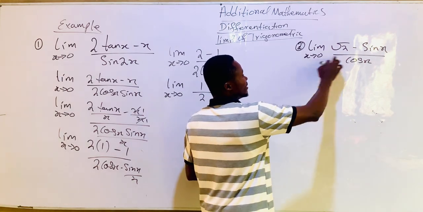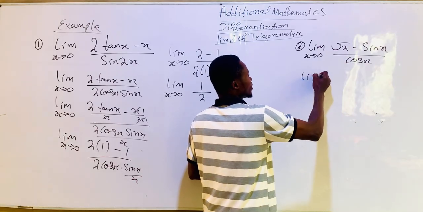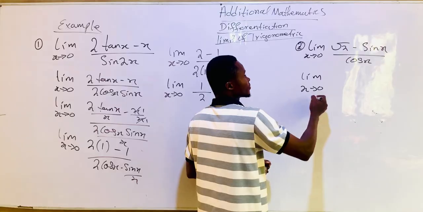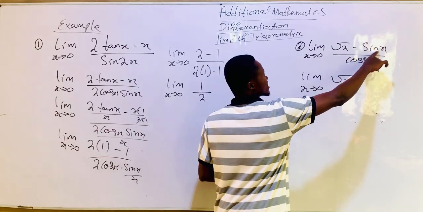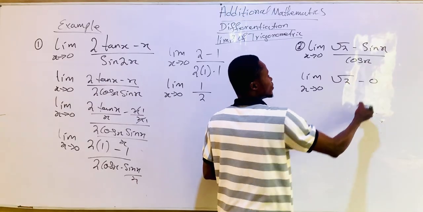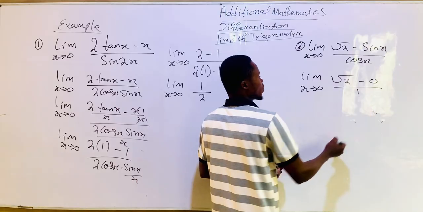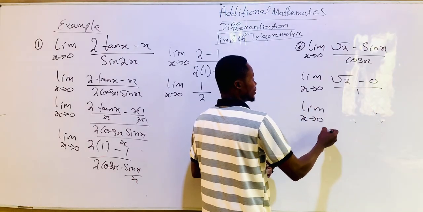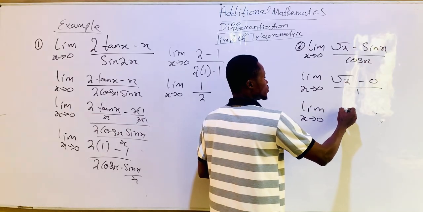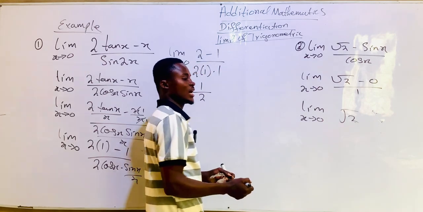The square root of 2 stays, the limit of sine x will give us 0, all over the limit of cos x, which also gives us 1. So our limit is equal to the square root of 2. So this is our final answer.